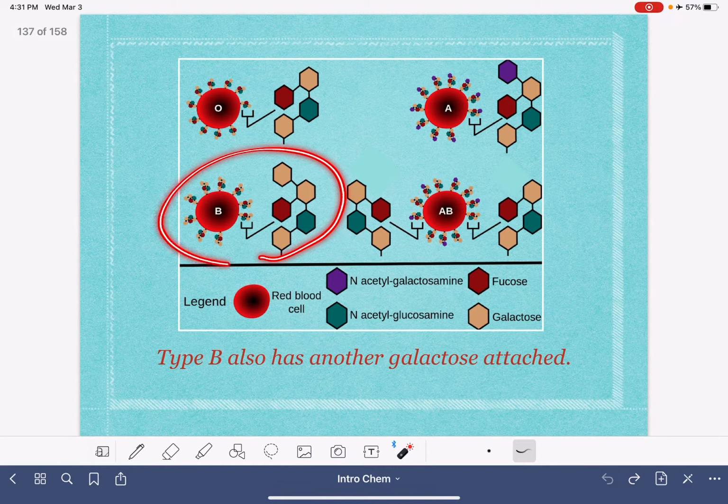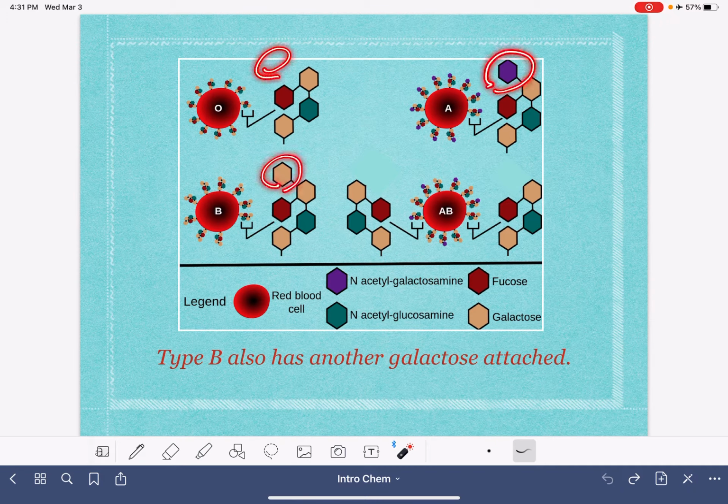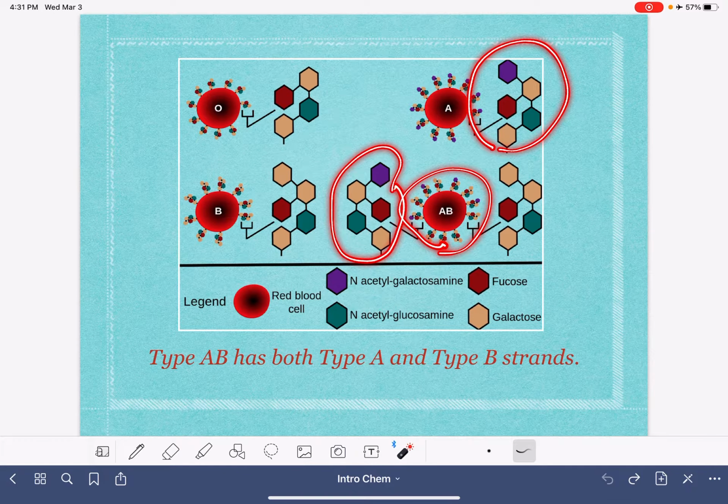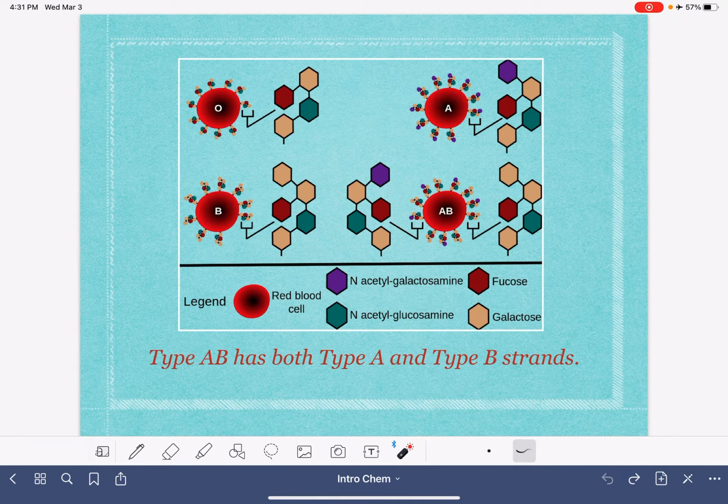The type B blood has a third galactose molecule attached, so it's different from type A, and it's also different from type O, which is missing that extra piece. And then blood type AB has the same type of strand as type A, and it also has the same type of strand as type B. So AB is like a combination of blood type A and B.